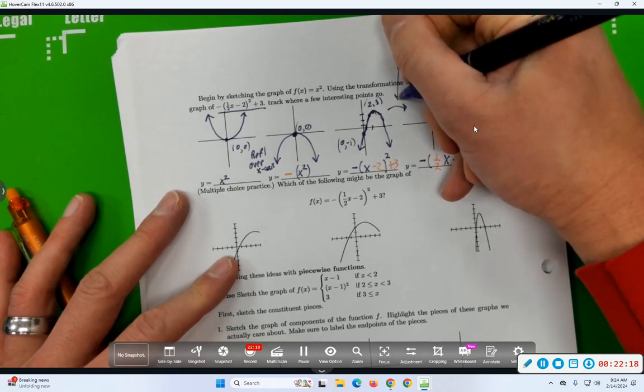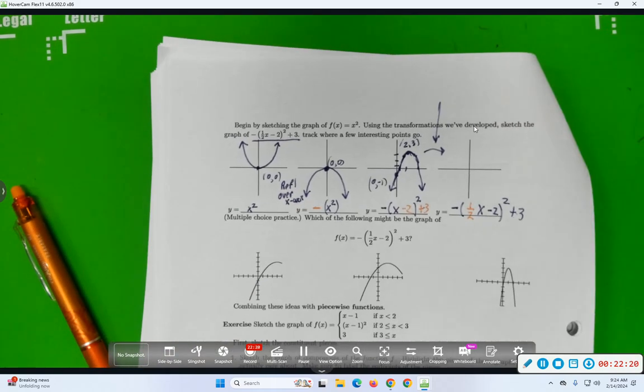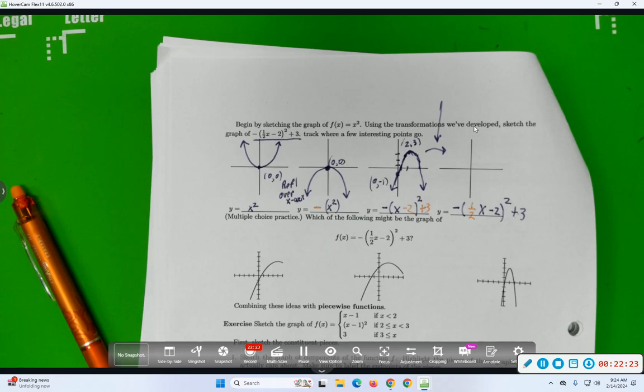I'm going to describe this step a few ways. On the one hand, based on what we wrote on the previous page, we need to divide all x values by 1/2.